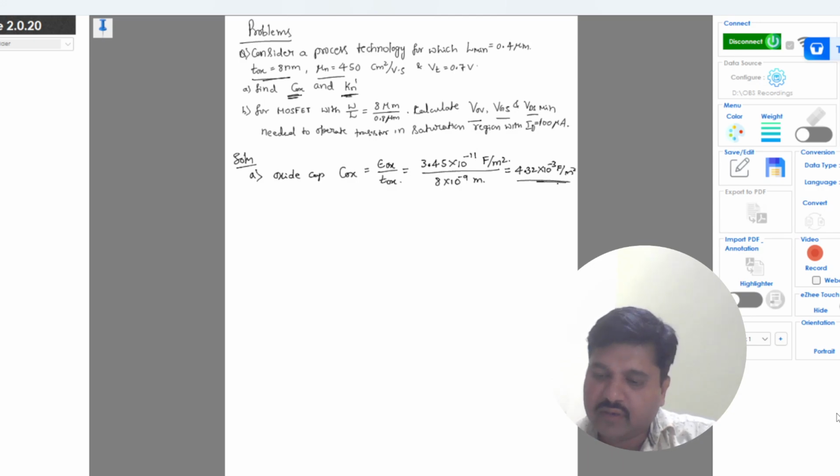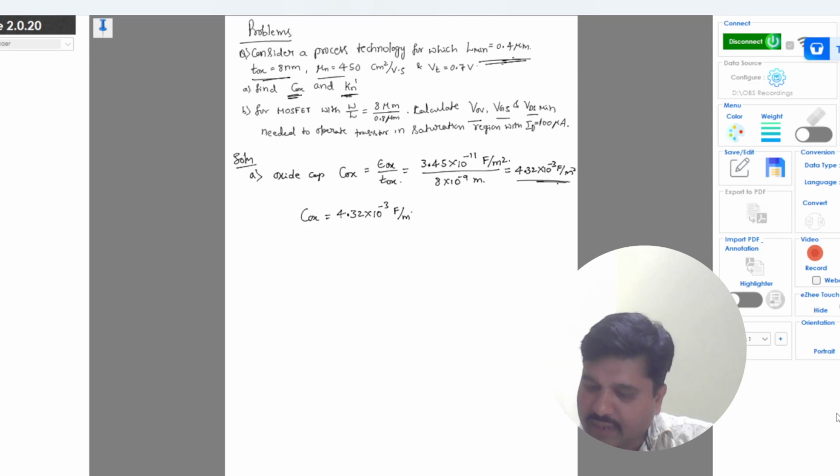Care has to be taken that all the dimensions are taken to the same dimension of micrometer, so we have to convert this into micrometer. So COX is 4.32 into 10 power minus 3 farad per meter square.